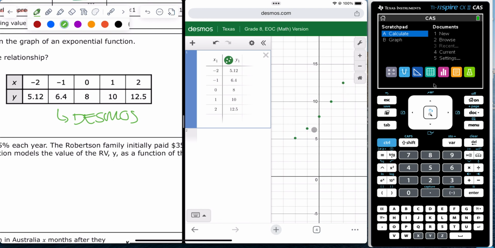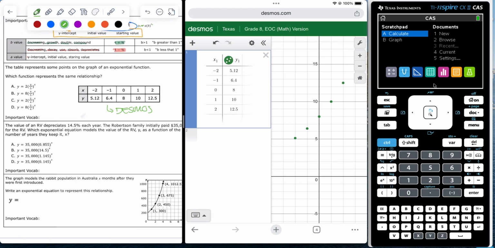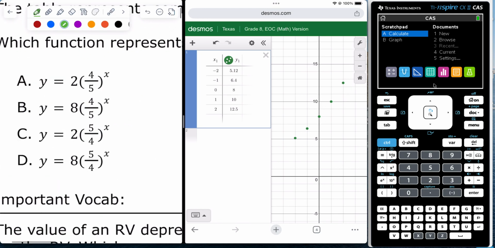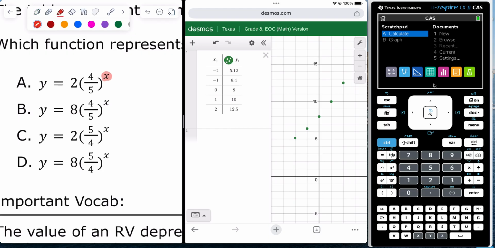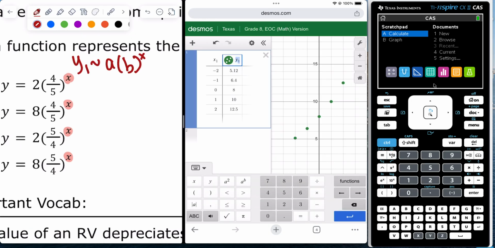Right here it kind of looks like a straight line, but if I look at my answers, I notice that I have a little x right here, which means it's exponential, meaning I have to use the y1 squiggle, a, b, little x1, because you have x up here, same thing, okay?